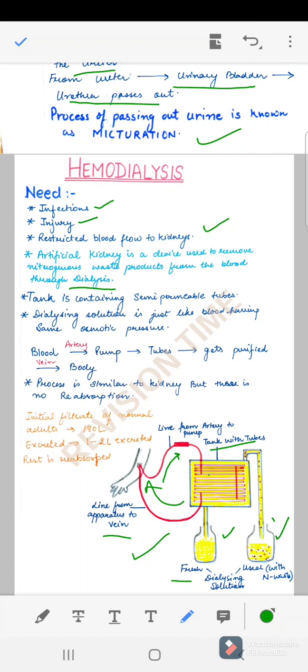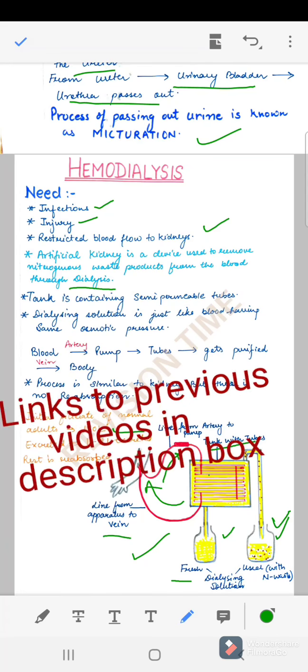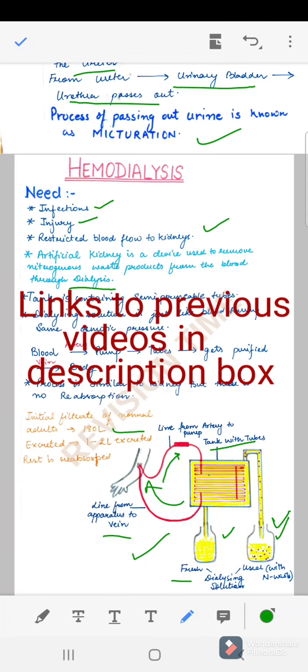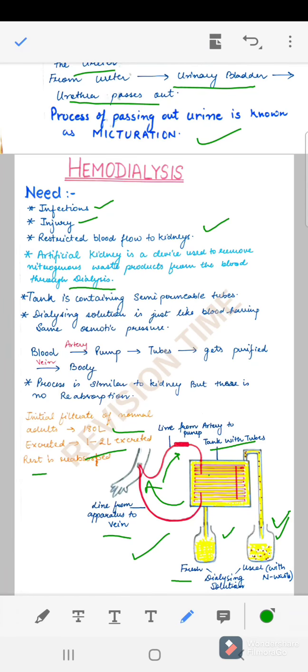So this is the used dialysis solution with the nitrogenous waste which are filtered from the patient's blood. So a fun fact here is in the human body, the initial filtrate of normal adult is 180 liters, but we only excrete 1 to 2 liters and the rest is reabsorbed.